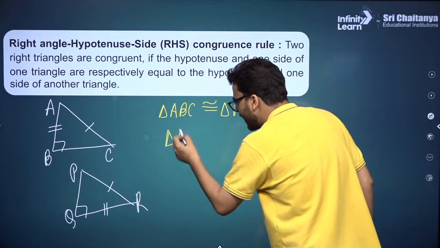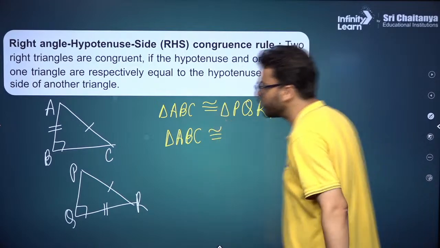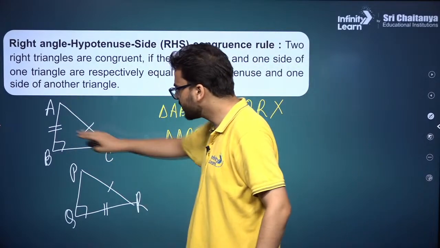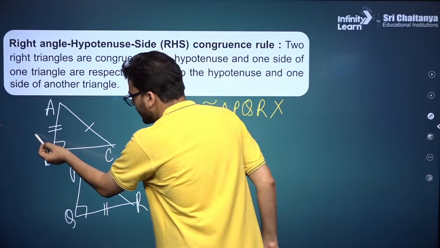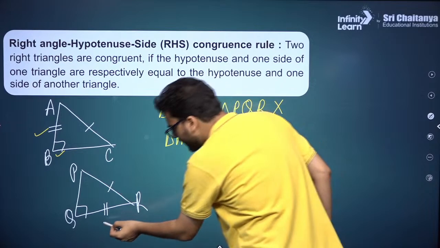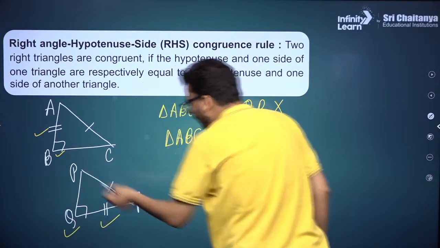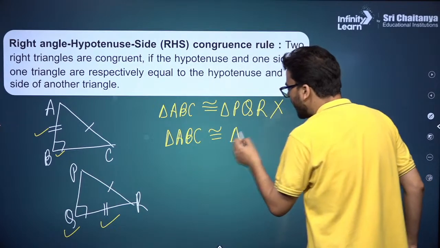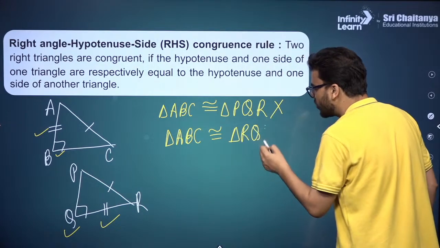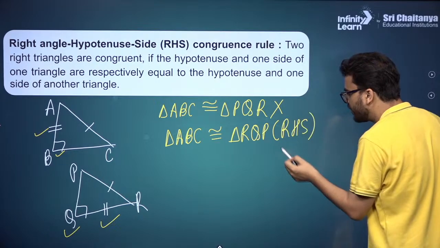If I am writing ABC, first this side is coming, and then right angle. So in this triangle as well, first this side must come and then this angle. So it will be RQP. If you do not write RQP over here by RHS congruency criterion, then it will be wrong.